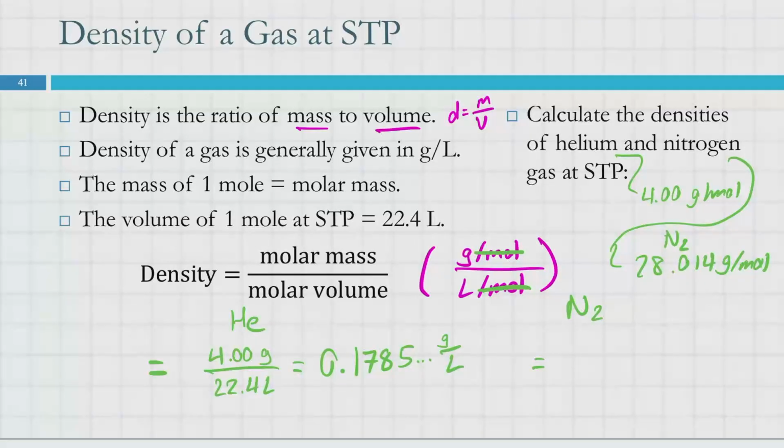For nitrogen, it's going to be that 28.014 grams divided by 22.4 liters. So it's 1.25 and change grams per liter.